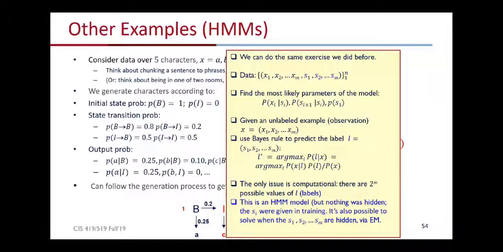That's why I'm not talking about the estimation, just about the model. But if everything is observed, you know how to do it now, right? You can just look at all these examples and just estimate these three types of probabilities.